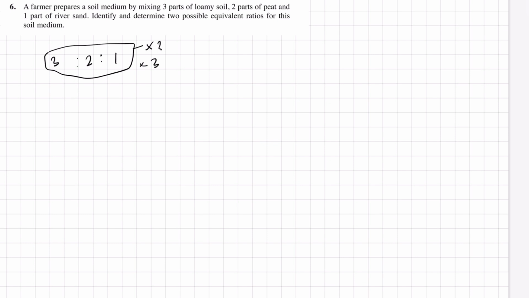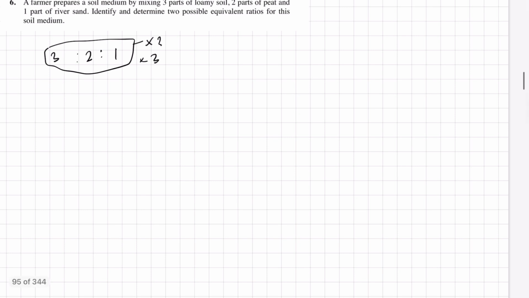You want 2 possible equivalents, so you can get 6 to 4 to 2, and 9 to 6 to 3. Okay, that's how you do number 6.